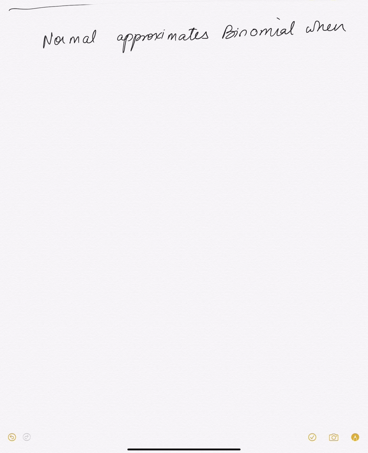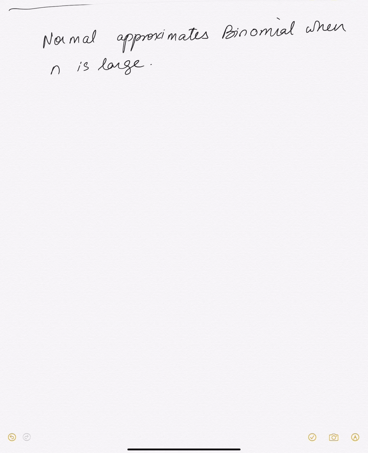In particular, you can say that normal approximates binomial when n is large. When that is true really depends on how good of an approximation you want.